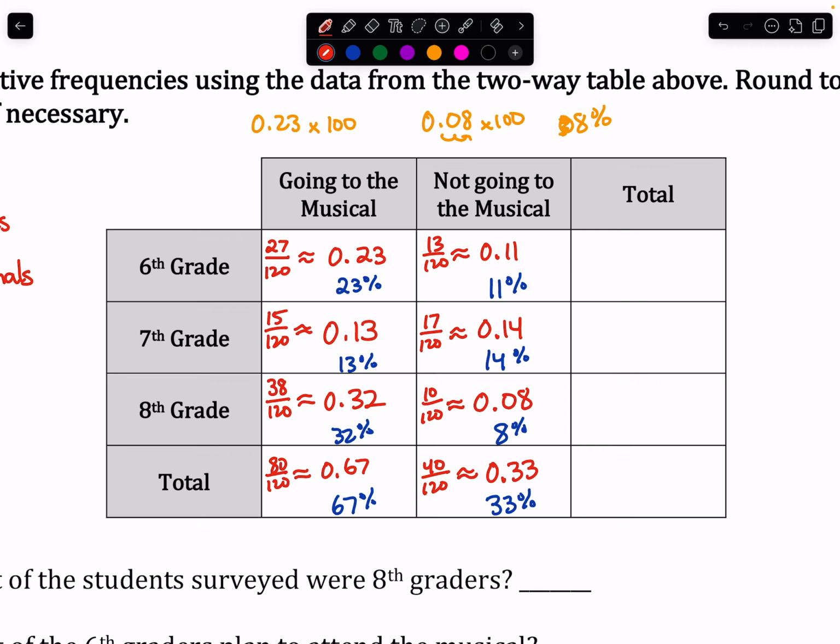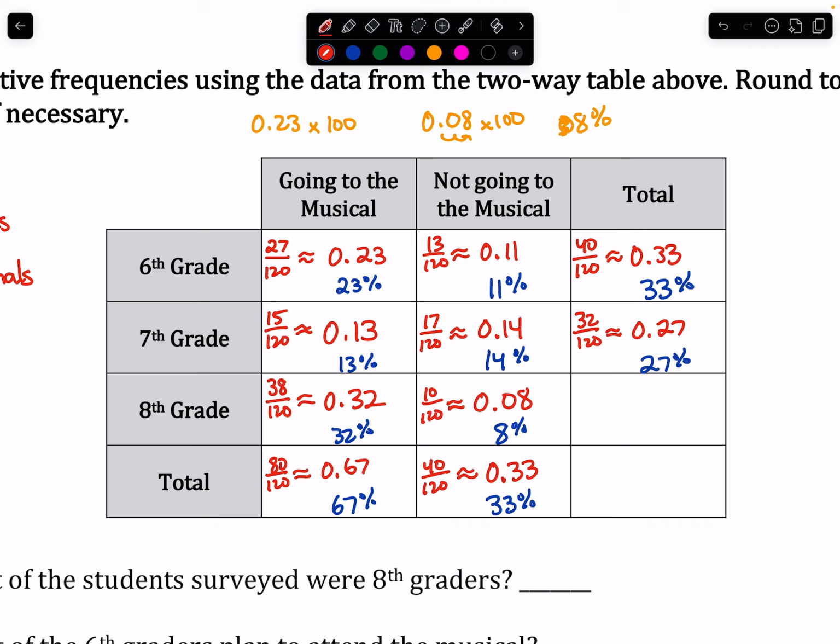And then our totals here. The total number of 6th graders was 40 out of 120, which was 0.33 or 33%. Our total 7th graders was 32 out of 120, which comes out to 0.27 or 27%.